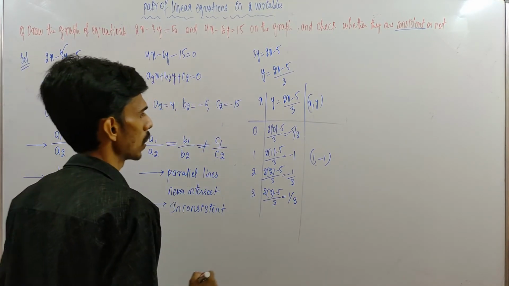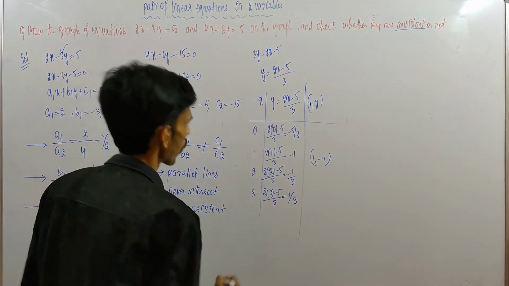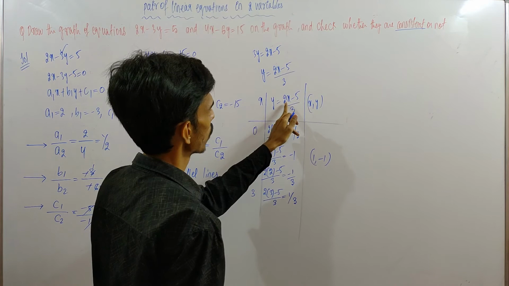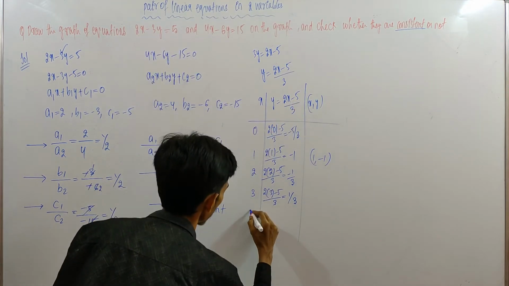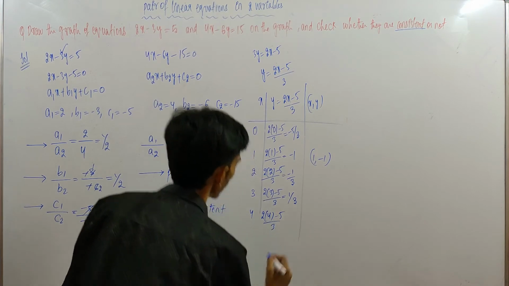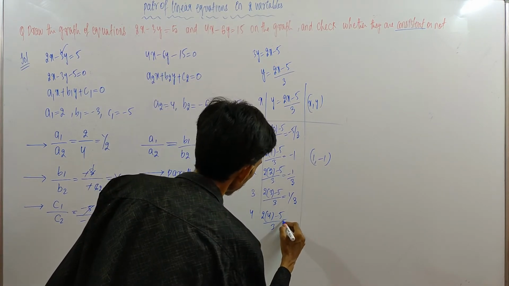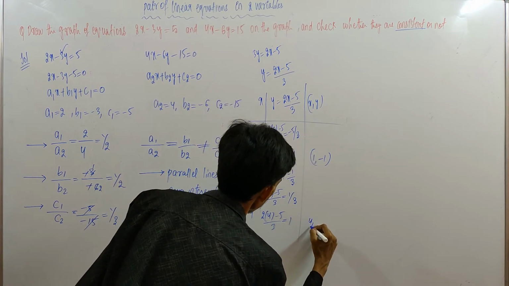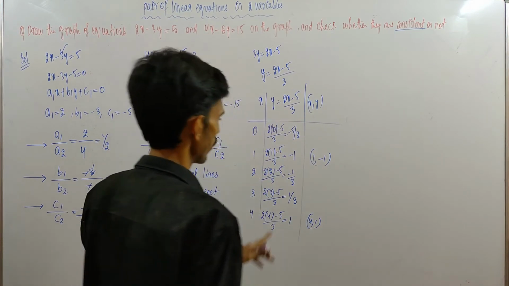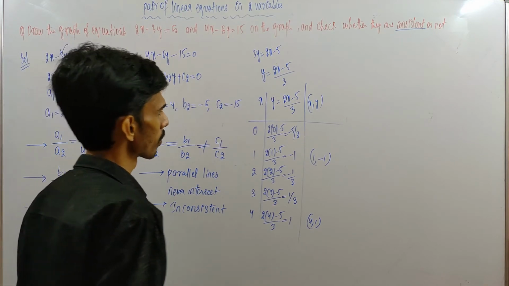Take x value 4. 2 into 4 minus 5 by 3. 2 fours are 8, 8 minus 5 we have 3. 3 by 3 we have 1. So we have 4 comma 1. We got two ordered pairs. That is enough to draw a line.